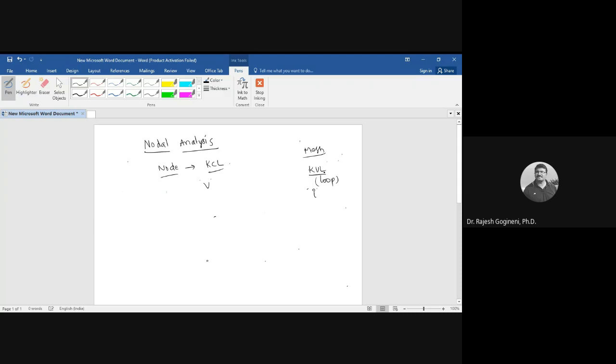In mesh analysis, KVL; in nodal analysis, we use KCL. So we take the loops or meshes as the reference in mesh analysis. In nodal analysis, we take the nodes, apply KCL at the nodes and evaluate the node voltages. From that we can find the currents as well.